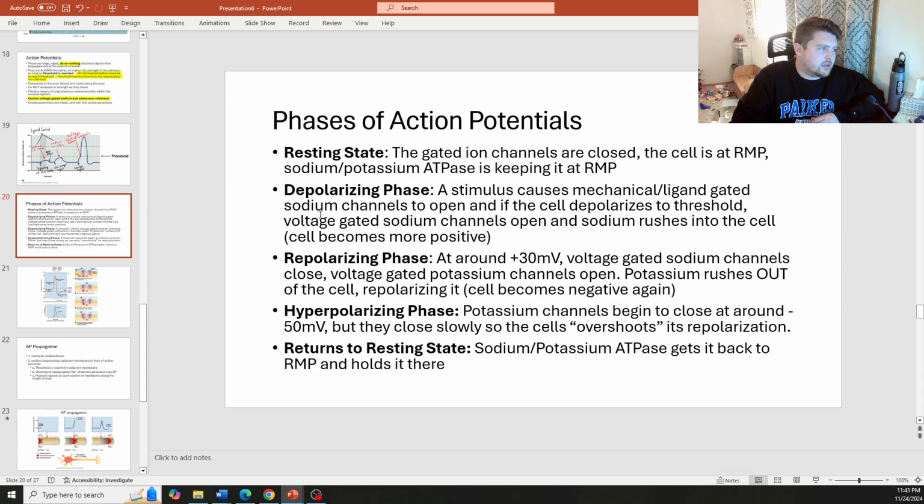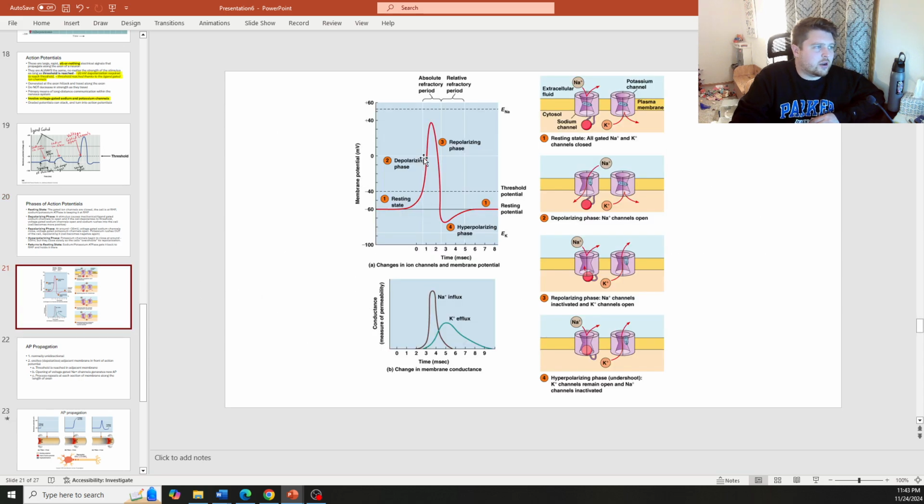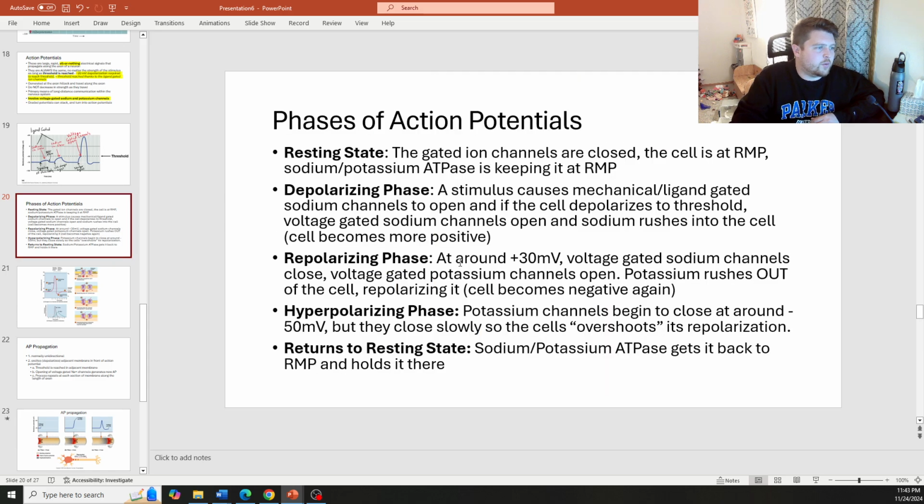After we get the full depolarizing, we get all the way up to the top. When we reach around 30 to 35 millivolts, those voltage-gated sodium channels close, and the voltage-gated potassium channels open. Potassium is going to rush out of the cell, making it, again, more negative.